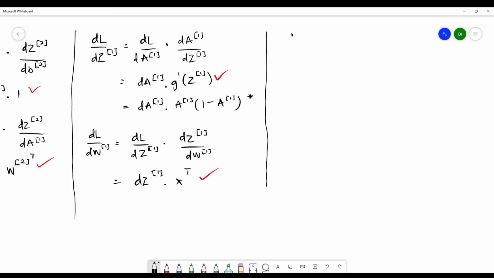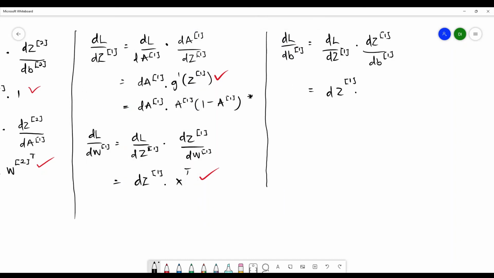And finally, we have dL/db1, which is the same thing as dL/dZ1 times dZ1/db1. We already have this as dZ1, and we multiply it by, let's look up the relationship between Z and b.